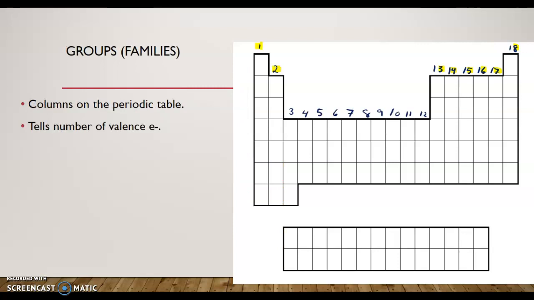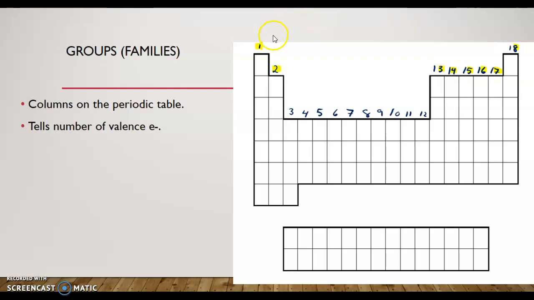Along the top we have our groups or our families. This is labeled 1 through 18. Sometimes you'll see it 1 through 8A, and then you'll see 3 through 12B here. We're going to go ahead and label it 1 through 18. Notice here 1 and 2 is highlighted, and then once we jump over here, the 3 of 13 is highlighted, the 4 of 14 is highlighted.